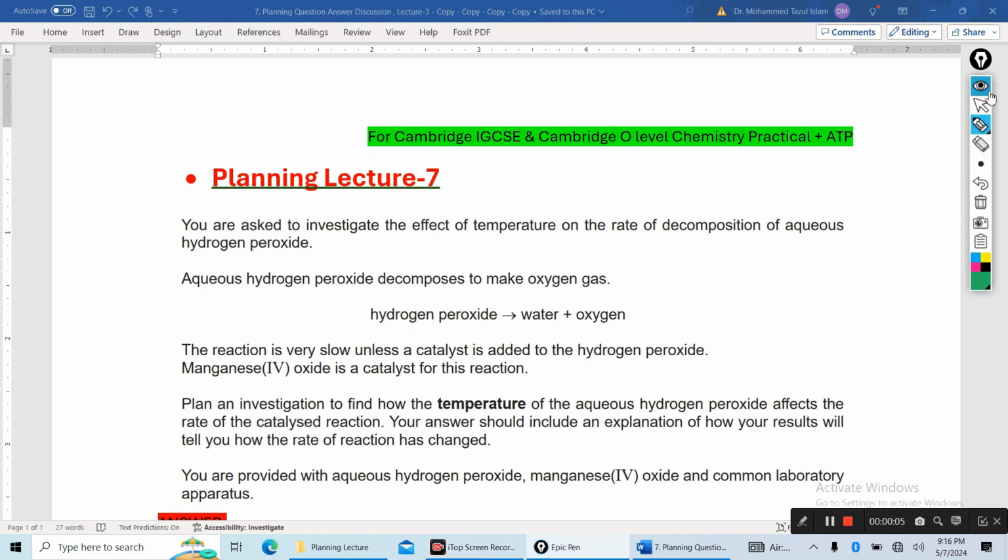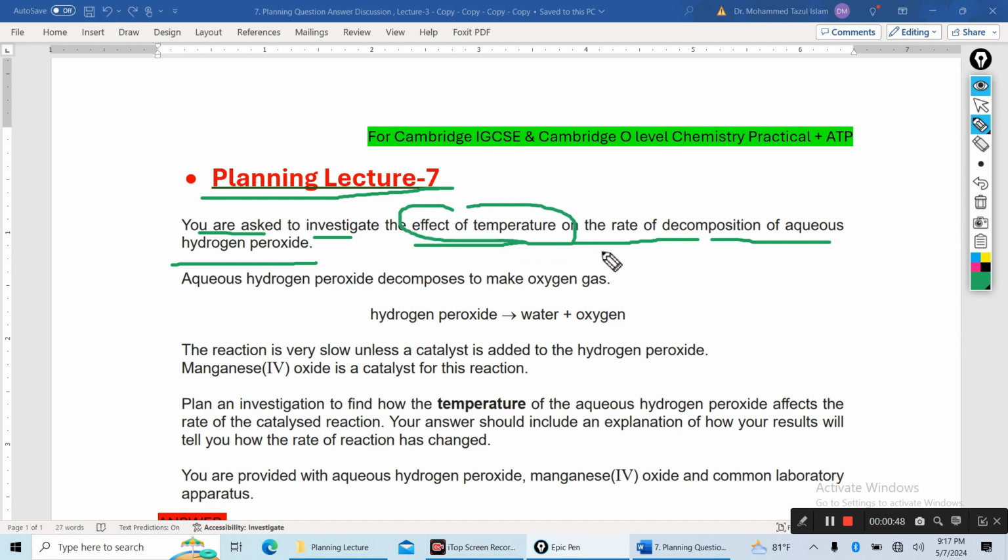Hello, dear students. Now I am going to discuss planning lecture 7. This is important for Cambridge IGCSE chemistry and Cambridge O-level chemistry practical exam and alternative to practical exam ATP. Planning lecture 7: you are asked to investigate the effect of temperature on the rate of decomposition of aqueous hydrogen peroxide.